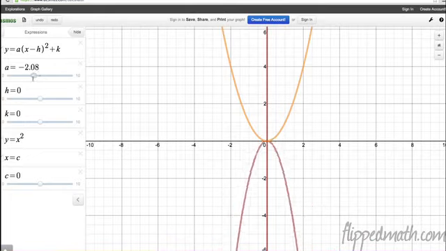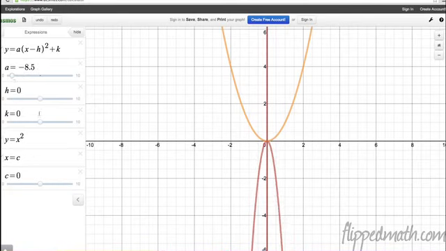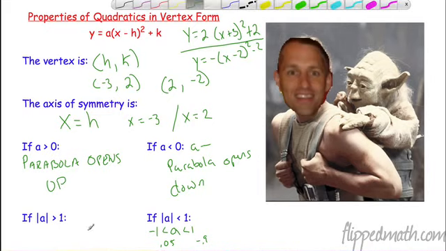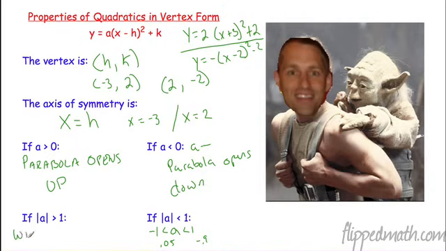Once it gets above the absolute value of 1, it gets narrow. All right, let's write that down. So, if the absolute value of a is greater than 1, it is wider than y equals x squared, right? Wrong.